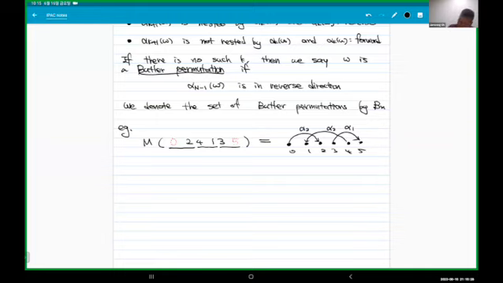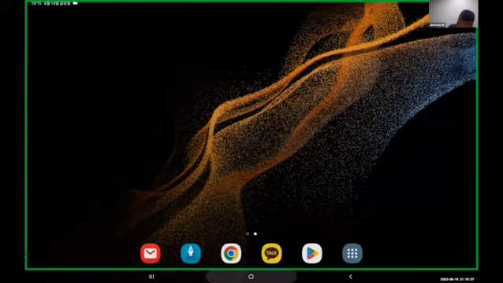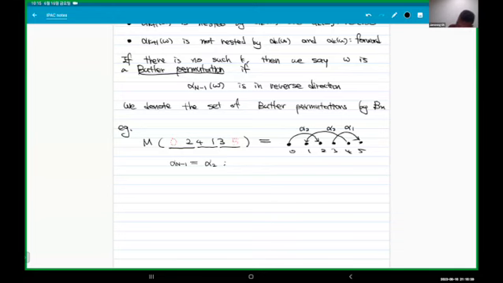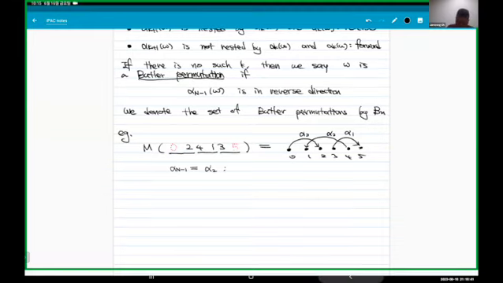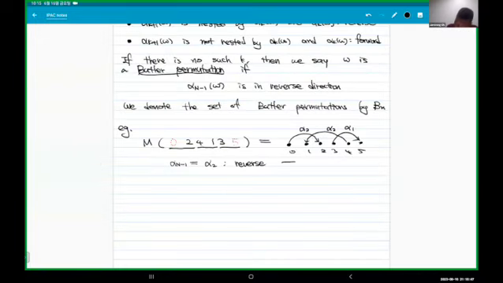In this case, alpha n minus 1, which is alpha 2, is in reverse direction. So our permutation 2, 4, 1, 3 is a Butler permutation.